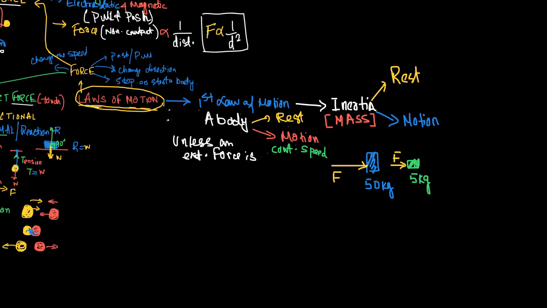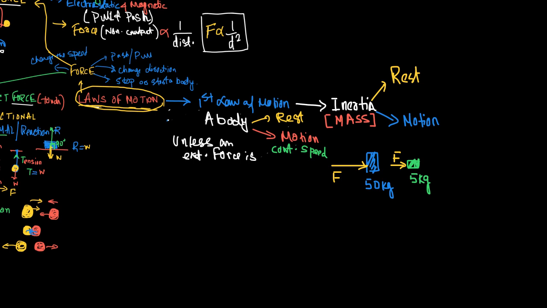So we agree that a 50 kg body will require much more force than a 5 kg body to make it move, to put it in motion. So we can say the body of 50 kg has higher inertia of rest than a 5 kg body.